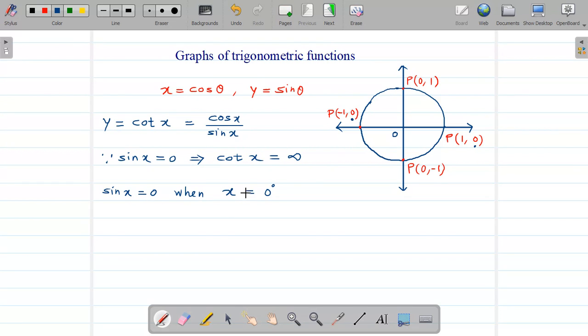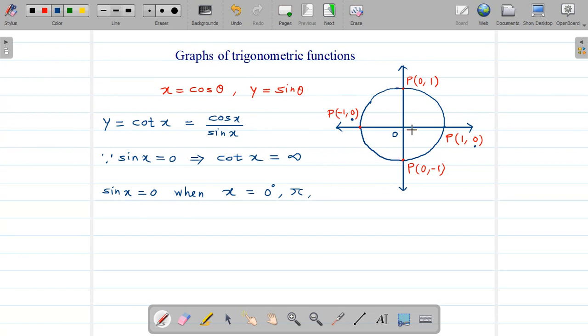So sin x is equal to 0 when x is equal to 0 degrees. Similarly, if you come to this point here, then after rotation the angle will be 180 degrees, or pi radian. So for x is equal to pi, sin x is equal to 0.